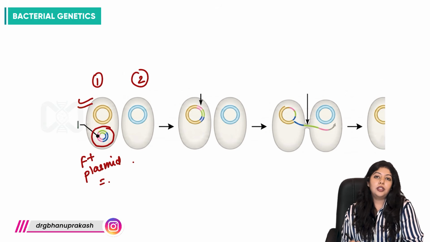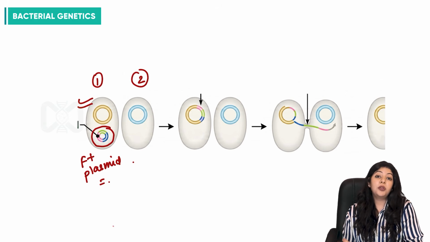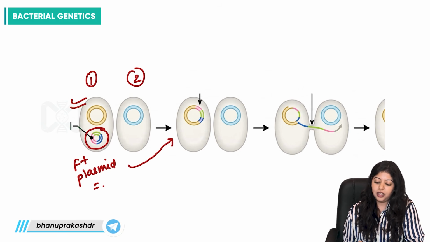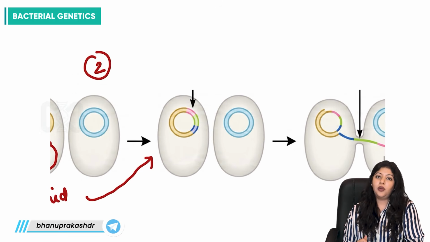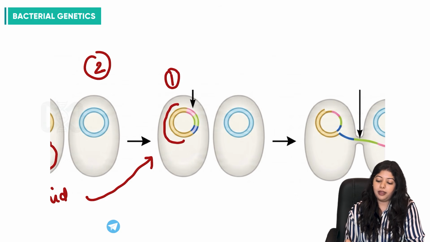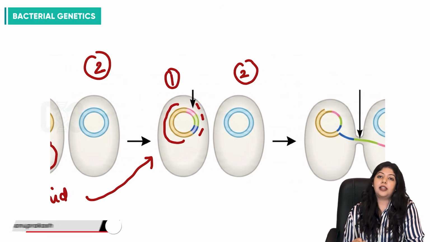Now certain plasmids have the ability to integrate themselves into the chromosomal DNA of the bacteria, right? So these plasmids get integrated into the chromosomal DNA of the bacteria. Can you see? Suppose this is the chromosomal DNA of bacteria 1, this is bacteria 2. And there is some colorful integration that has happened.